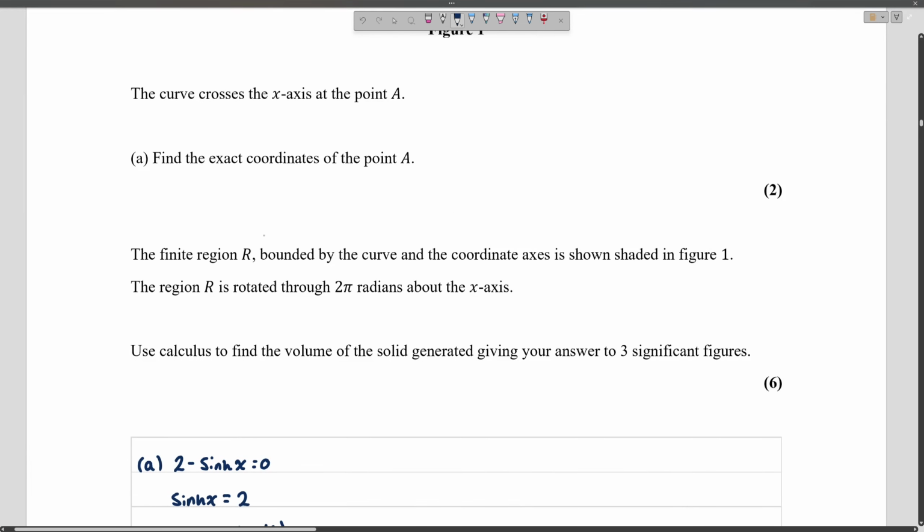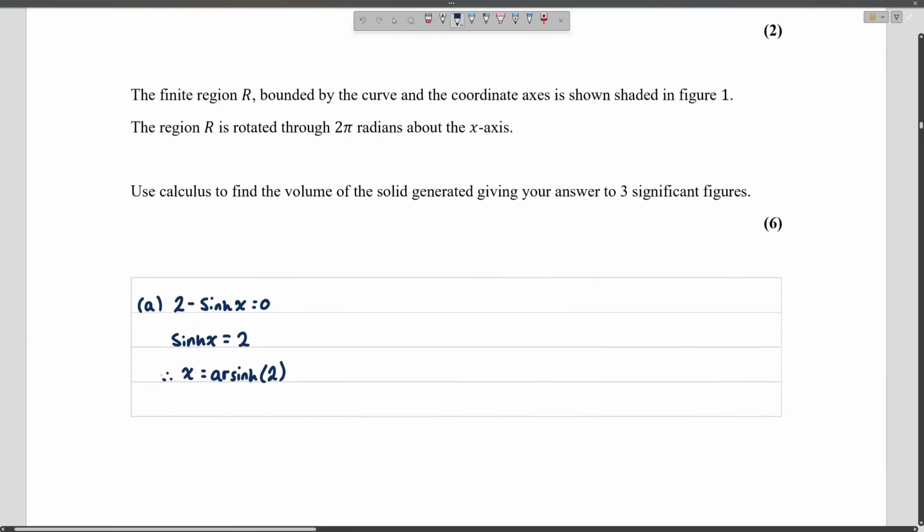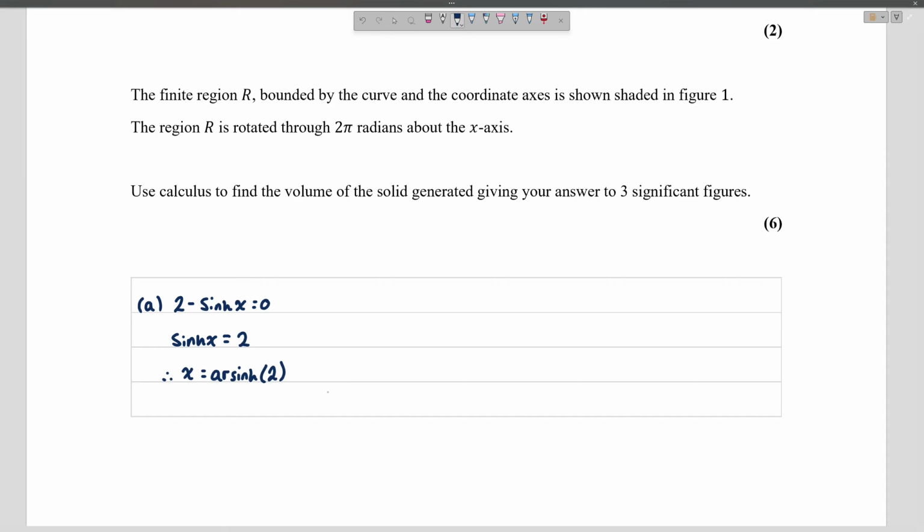Okay. Now just be very, very careful here. The question wants the exact coordinates of the point A. So obviously I can't just give the x coordinate as this here. What we need to do then is use our formula book and give this as a natural logarithm. Okay. So using our formula book here then, what we obtain here is ln of, I get 2 because it's arsinh of 2 here.